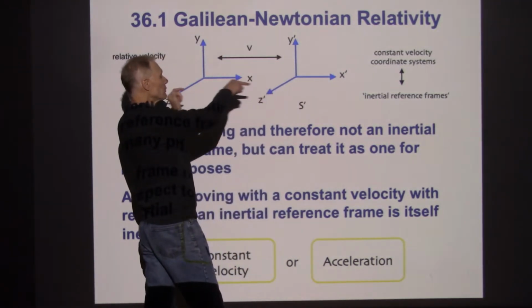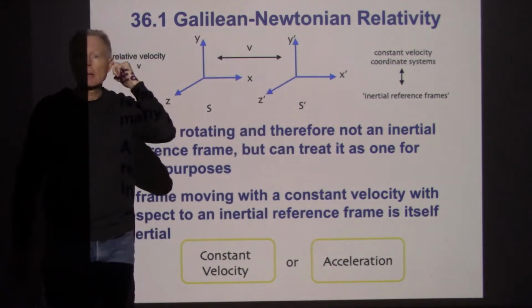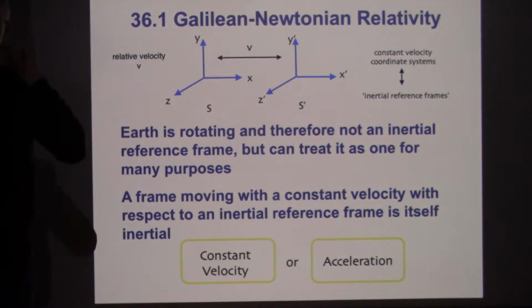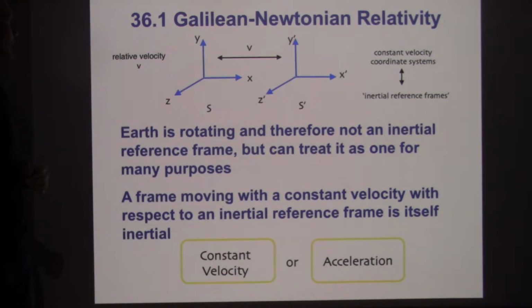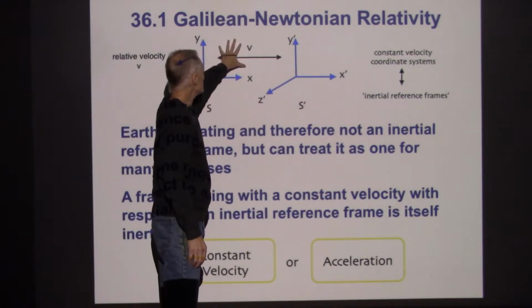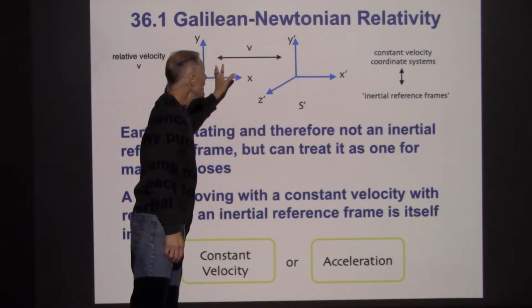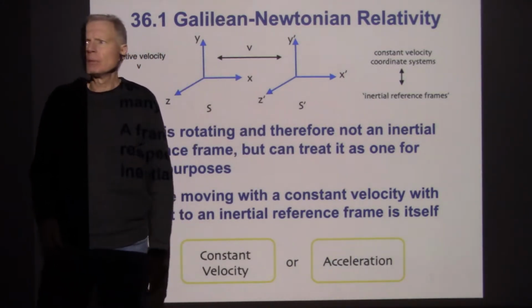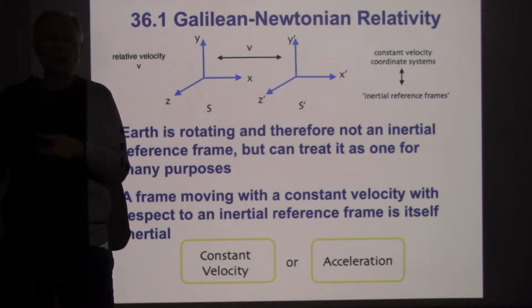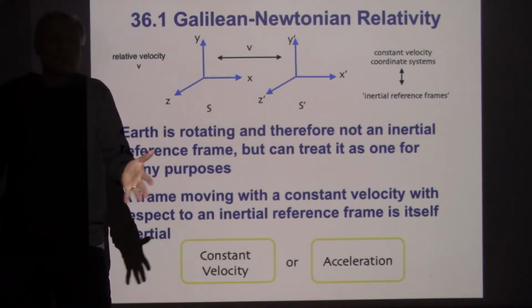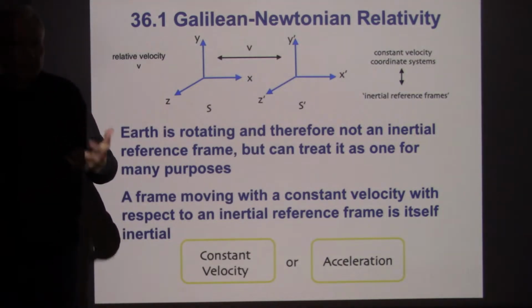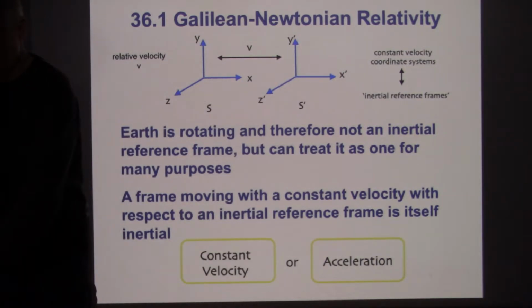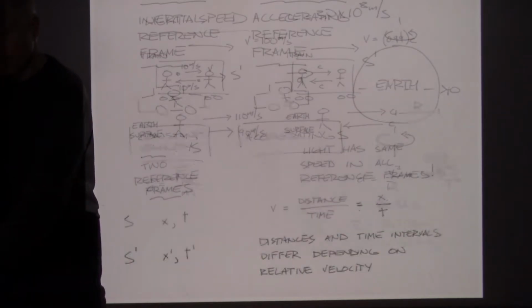And what we've done is we've lined up the x-axes between the two frames. So this is the setup that we'll work from in deriving the formulas that we derive in the chapter. And then this represents a relative velocity between the two. So we can't say this one's moving and this one's at rest, or this one's at rest. It's just a relative speed between the two. And if they're both inertial frames, then they're both moving at constant speeds relative to each other.